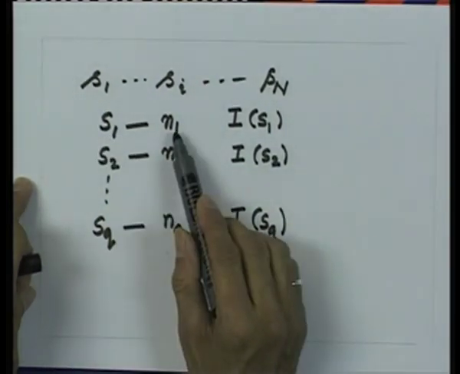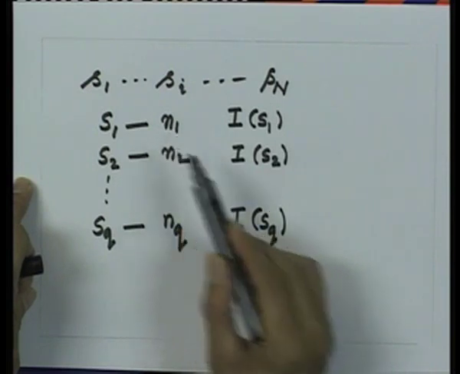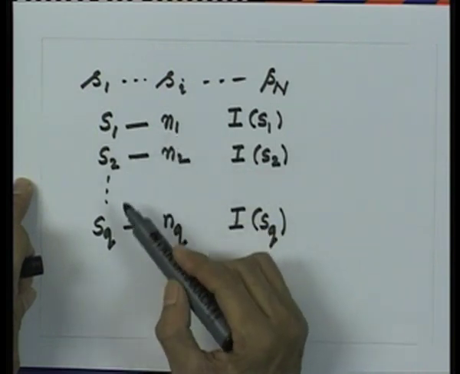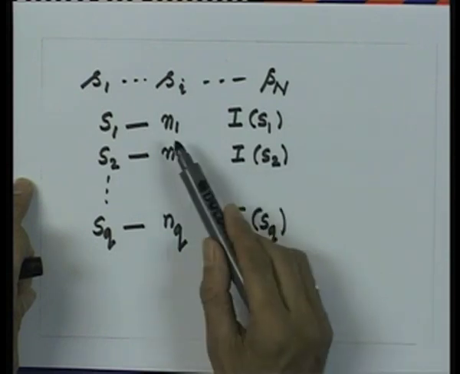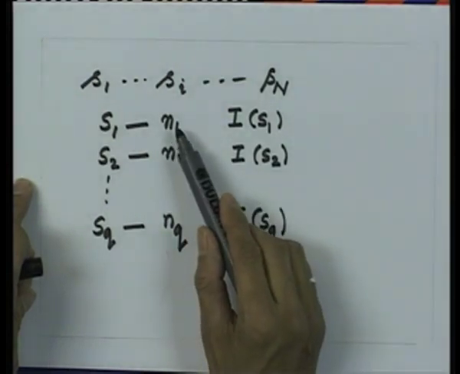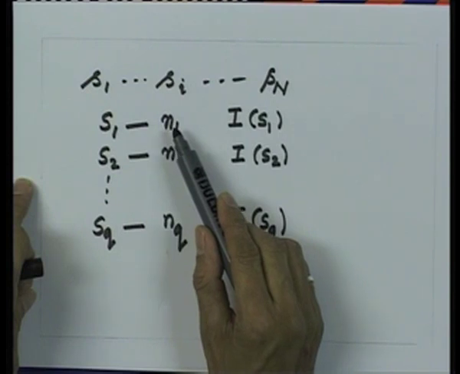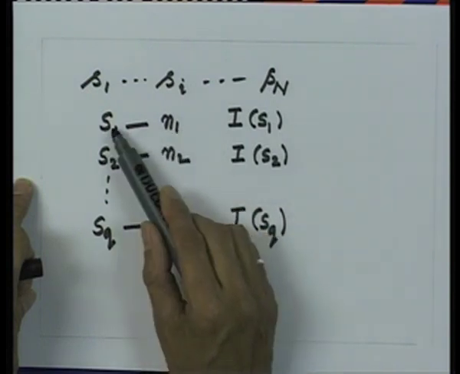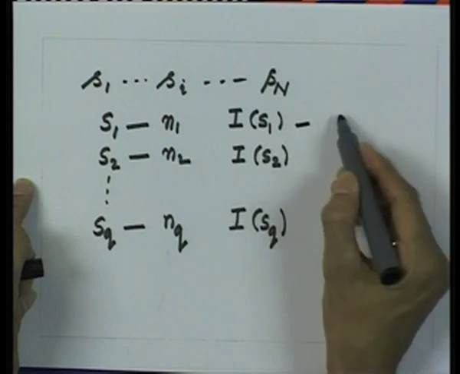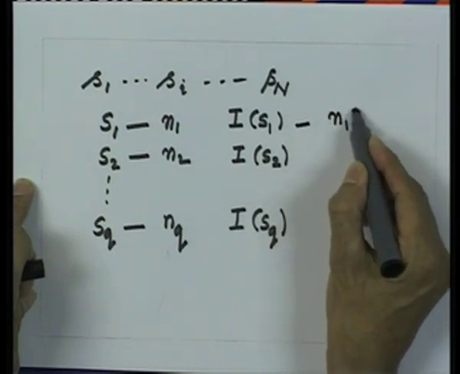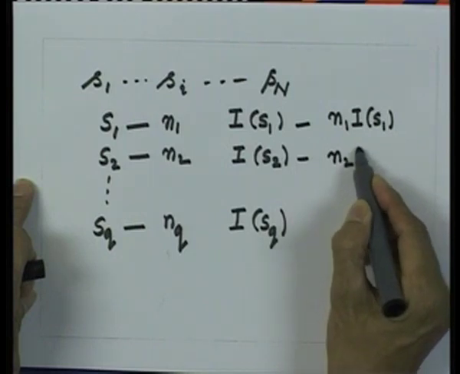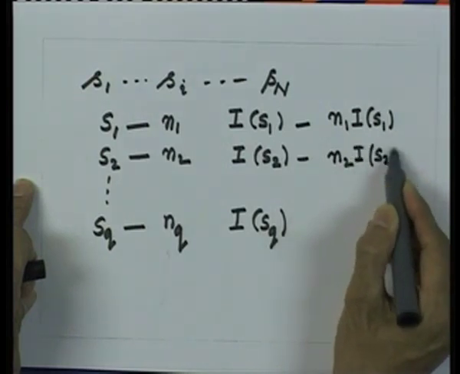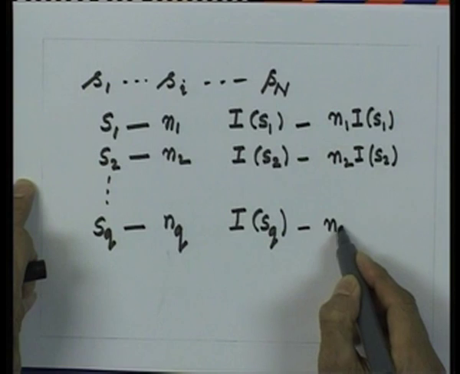Now, if S1 occurs N1 times, and if I assume that all the symbols are independent, then the amount of information which I get from N1 symbols S1 would be N1 times I of S1, and similarly I will get for S2 and finally for SQ.